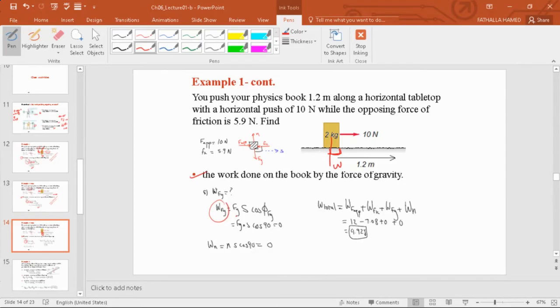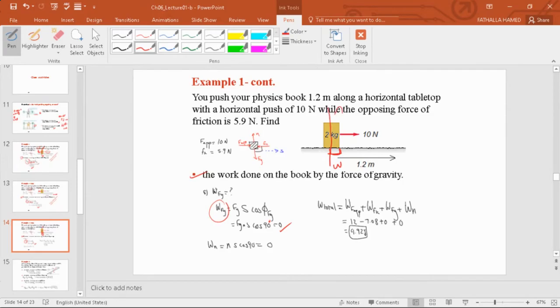It will be the magnitude of the force of gravity, which is equal to mg, times the magnitude of displacement multiplied by cosine the angle between both of them. And in this case, the angle is 90 degrees, and cosine 90 degrees is 0, and that will give you 0 work.